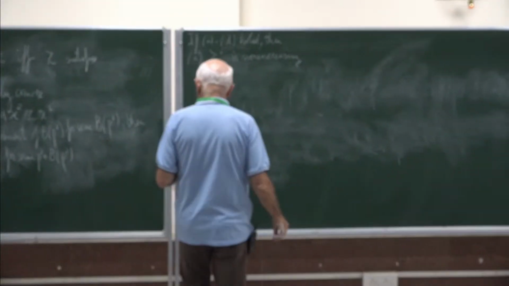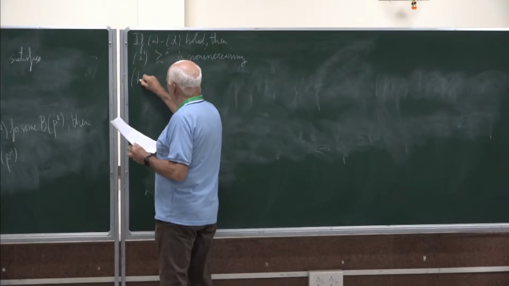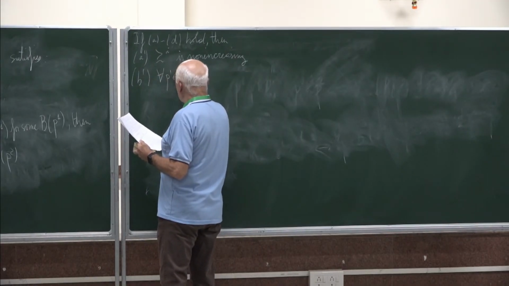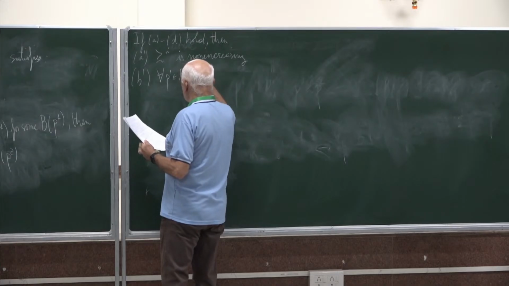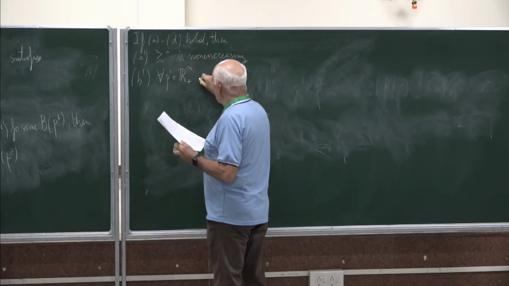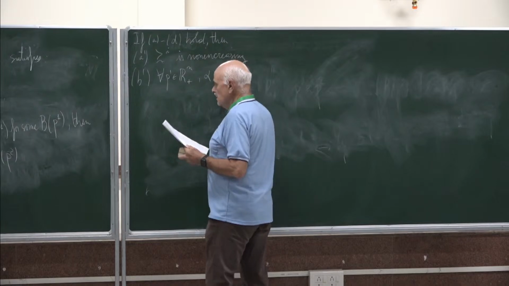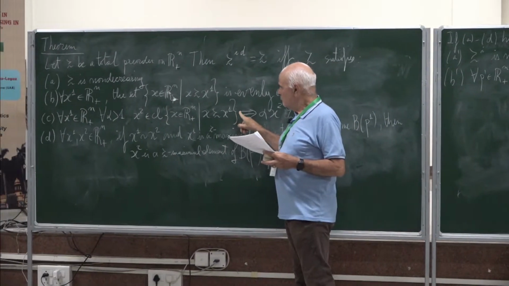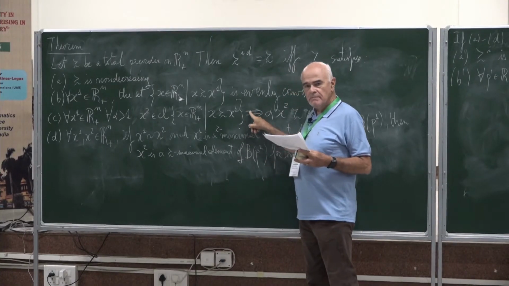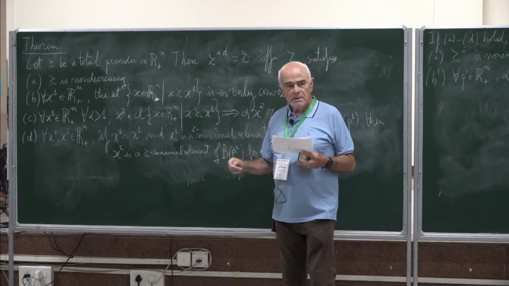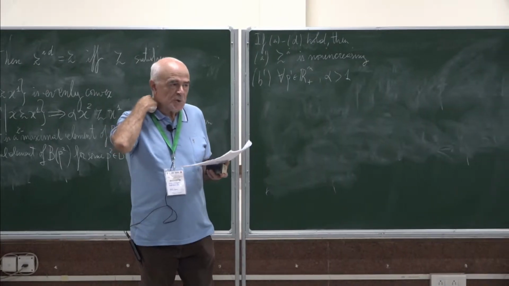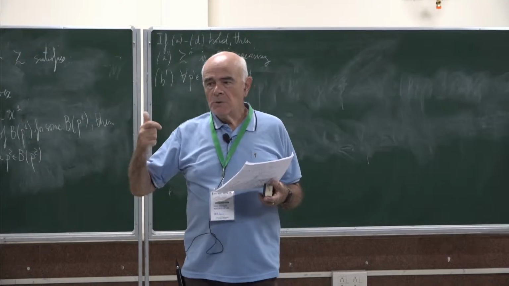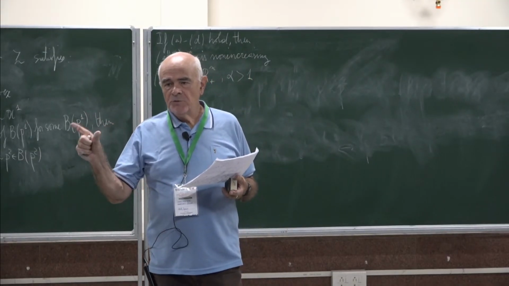Second, B prime, for every P1 in R plus N and alpha greater than 1. By the way, this property, a little bit strange property, C, is reminiscent and related to what I told you yesterday about the characterization of indirect utility functions.